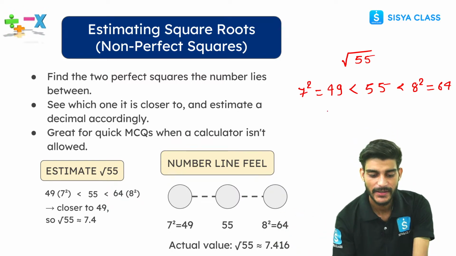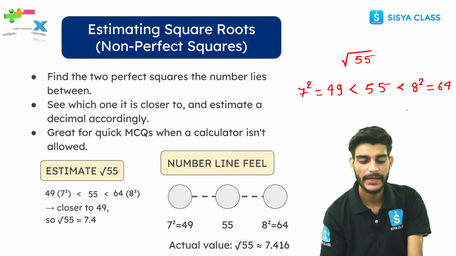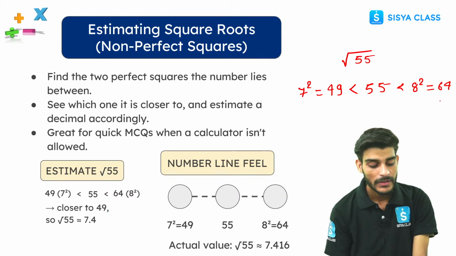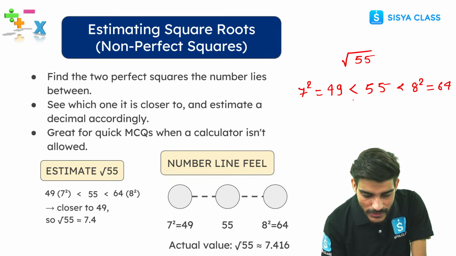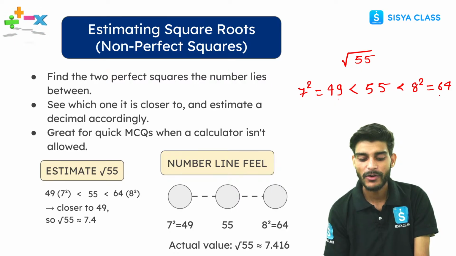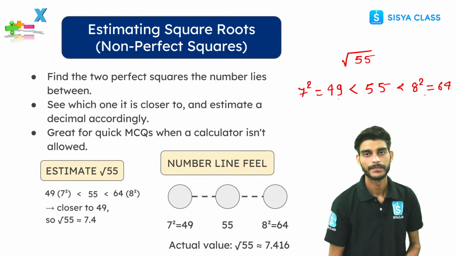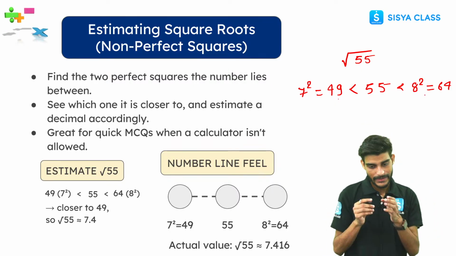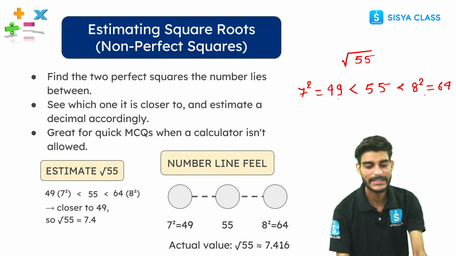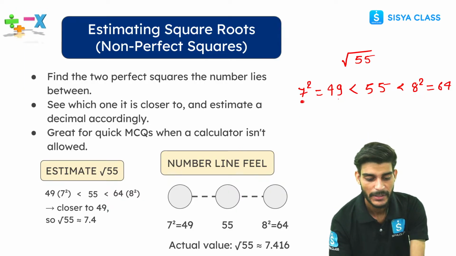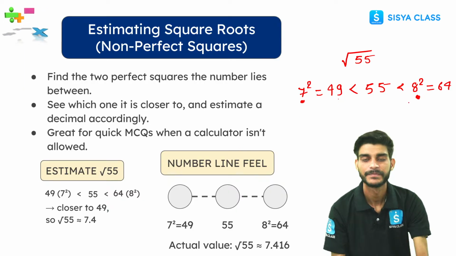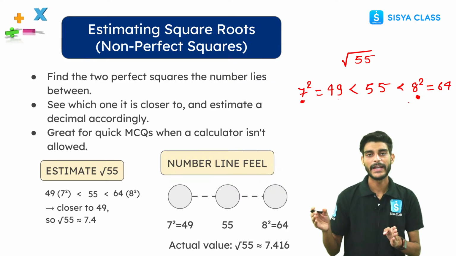Which number is 55 closer to, 49 or 64? One thing I know is that the square root will always lie between 7 and 8.